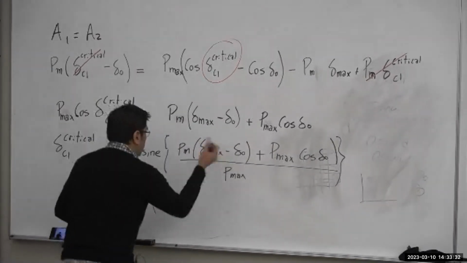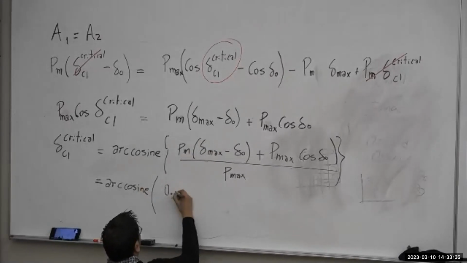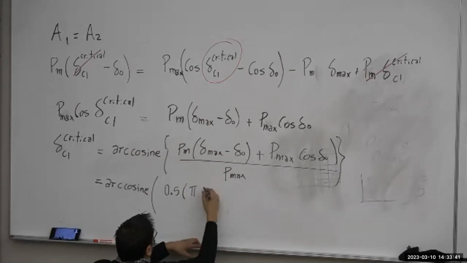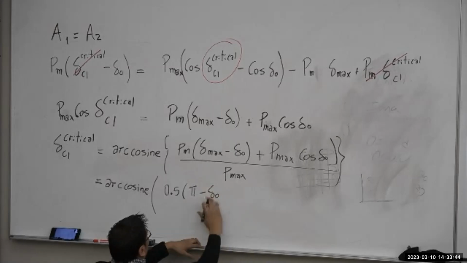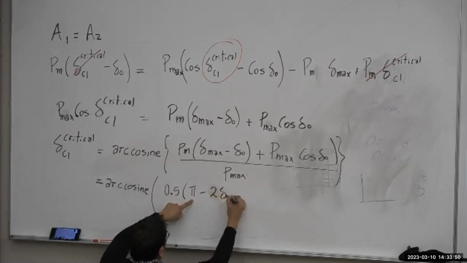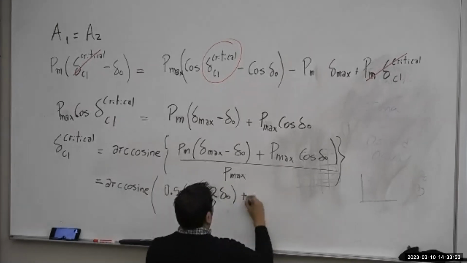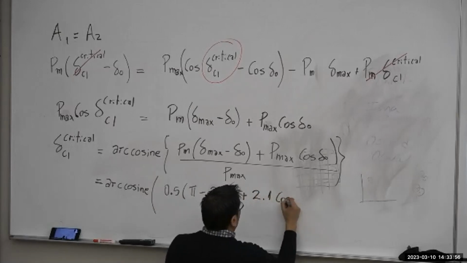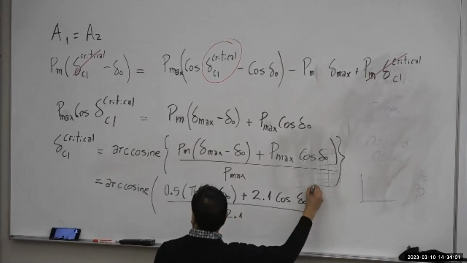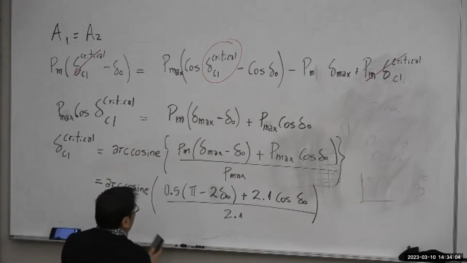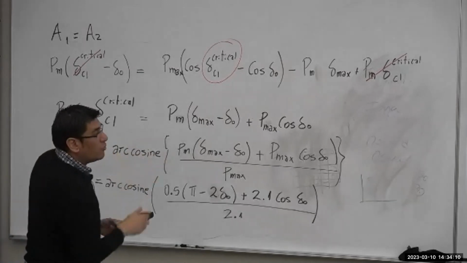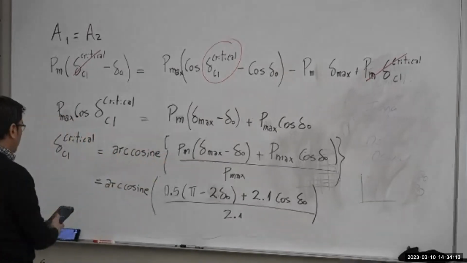We can put these numbers here so we don't get confused. This one is 0.5 multiplied by delta max, which is pi minus delta zero. So basically here we have 0.5 multiplied by pi minus 2 delta zero. And on this side we have 2.1 cosine of delta zero divided by 2.1. So delta zero is 0.2404 radians.